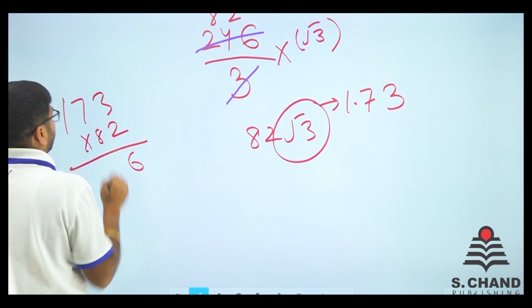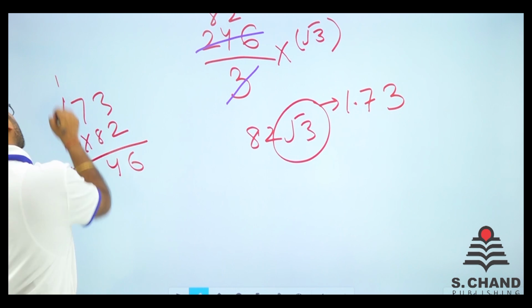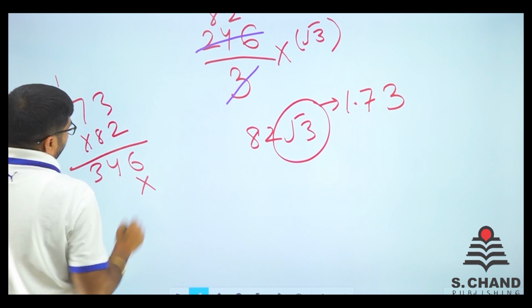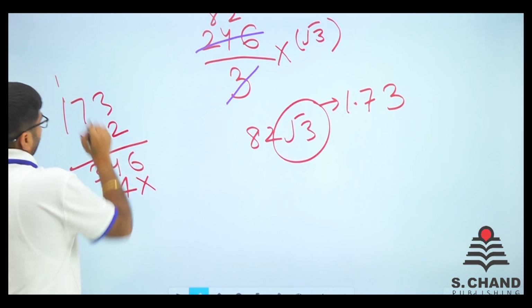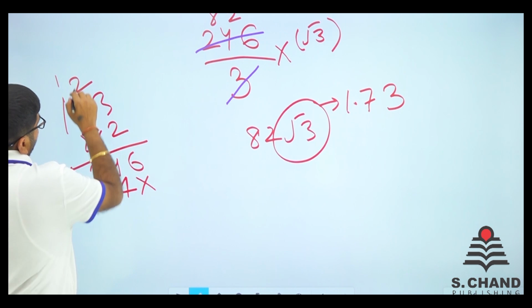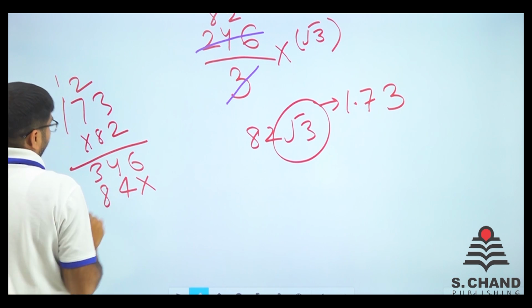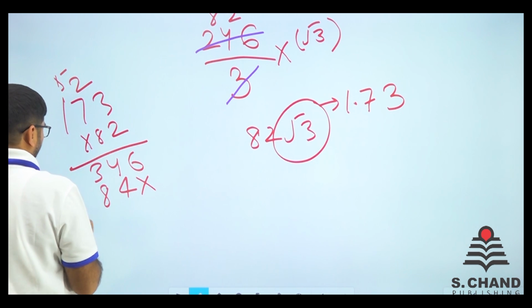3 2s are 6, 7 2s are 14, 1, 2 into 2, 3. So 346. 8 3s are 24. 8 into 7 is 56. 8 into 1, 8 plus 5 is 13.